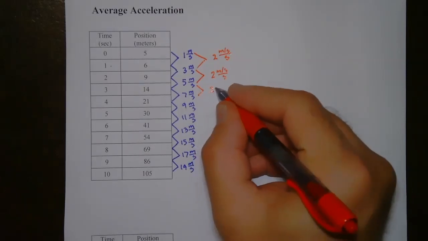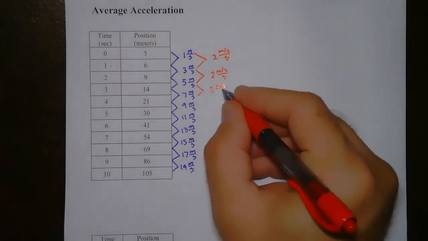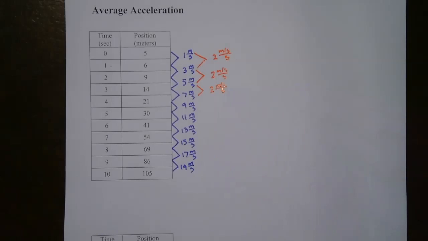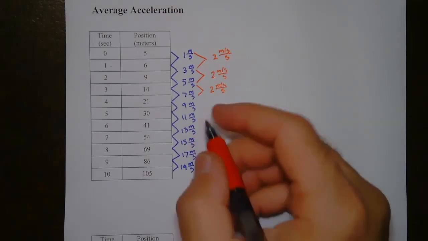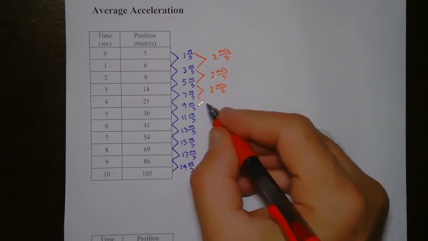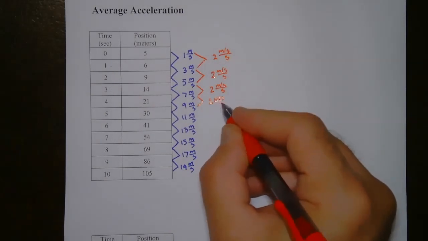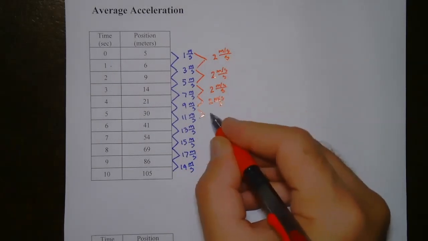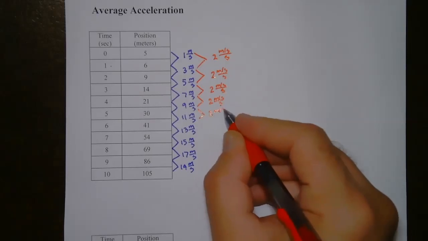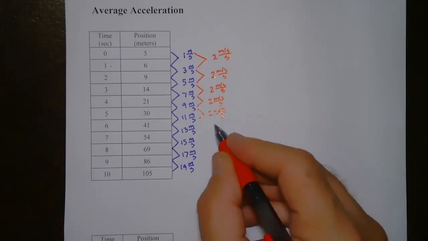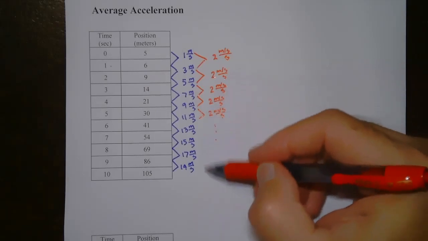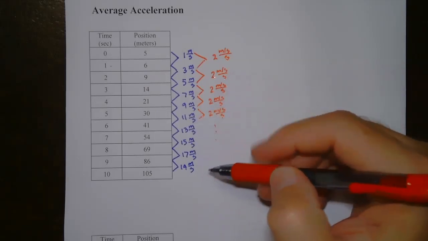So that is 2 meters per second. So that means every second the velocity is increasing 2 meters per second. And this is an increase of 2 meters per second, and so on, right? And if you look, all of these were going up by 2 each time.